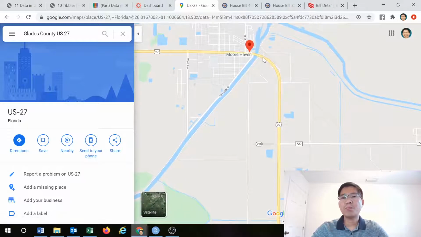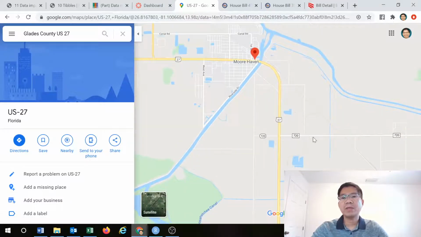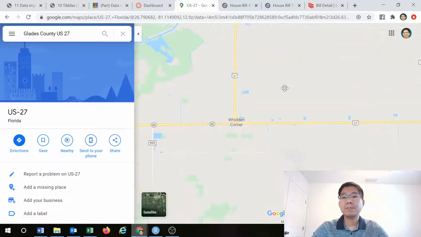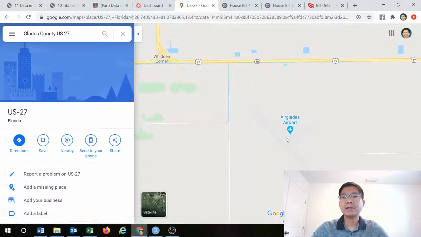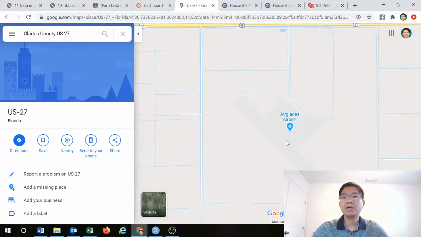For example, there are no publics or anything in here, and there is an airport here that is about to expand the runway, and that will bring agricultural products from Latin America, diverted from Miami airport, which is very busy.